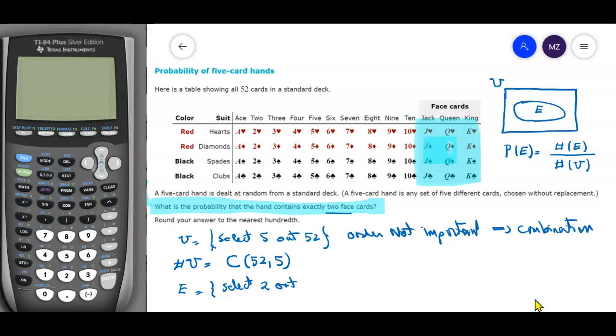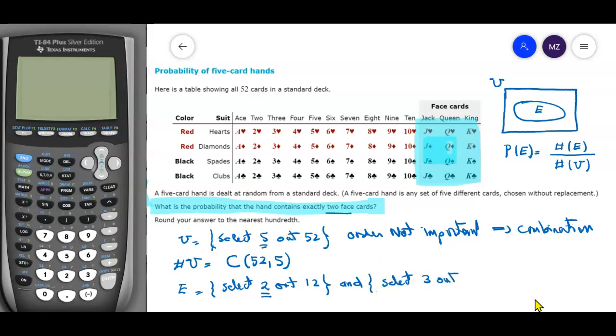All the face cards, if you count them, are 12 cards: 3 cards in each suit, with 4 suits and 3 cards on each, that gives 12. So you're selecting 2 out of 12 face cards. Again, the order is not important. However, your experiment here did not end yet because you just selected 2. You need to finish your selection up to 5. So you're going to add another AND here.